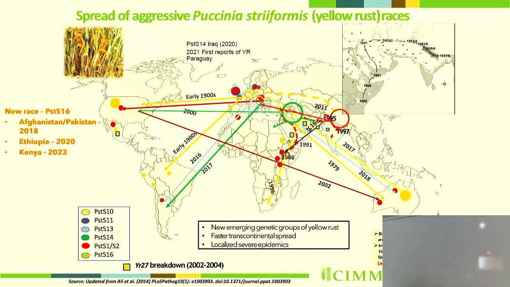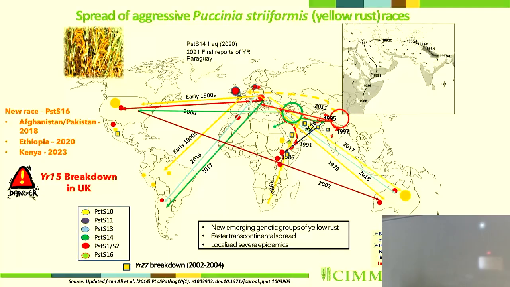In Kenya, the most predominant pathotypes were PstS2 and PstS11, but in 2023 we saw the devastation PstS16 caused in our international phenotyping platform. And we are hearing that one of the most durable major genes, Yr15, recently got broken down in the UK as well. Of course, you're going to hear more about that later.